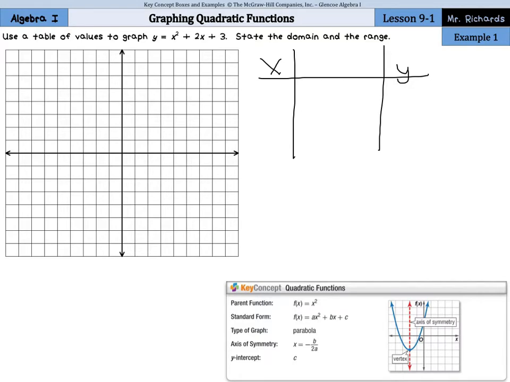Let's just pick one and say, all right, what happens when I put -3 in for x? Well, -3 squared is 9. -3 times 2 is -6, so 9 minus 6, and then we have our plus 3, which gives us a y of 6. So -3, 6, so right here.